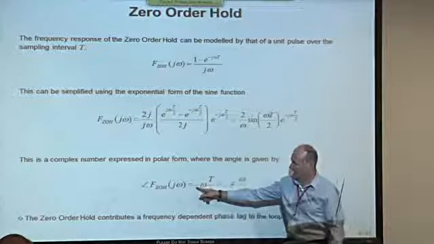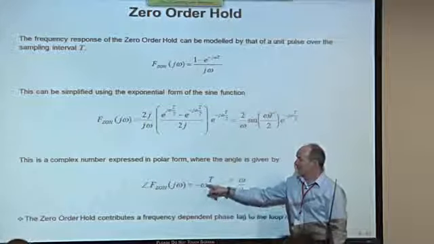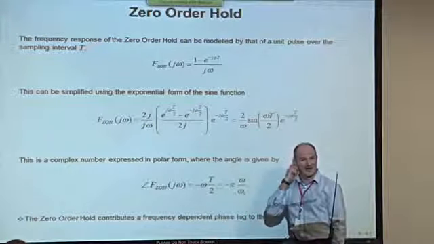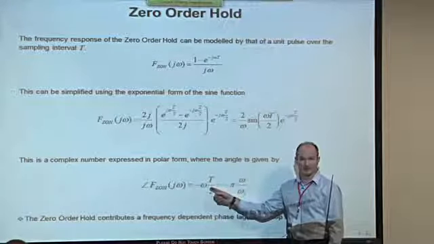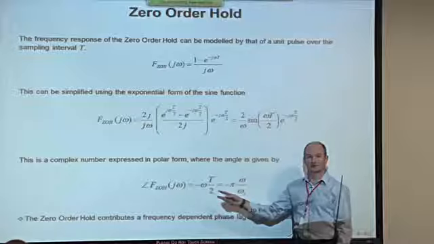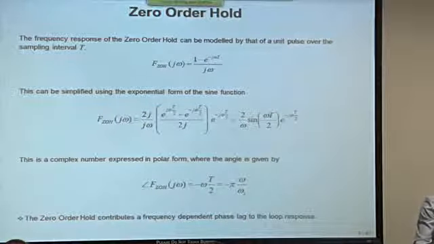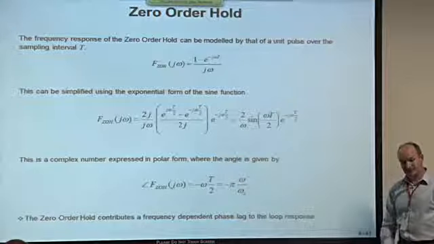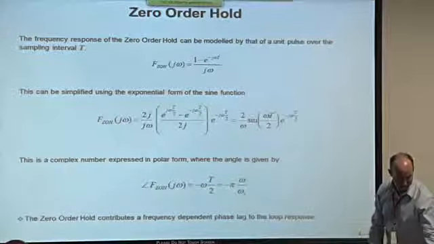See, it's a phase lag because it's minus. It's frequency-dependent, but it's equal to a delay of T over 2. So at least we can manage it by selecting the sample rate to be high enough that T is small. But it's always significant, right? We have to account for that. It's very significant because, and I'm going to show you why in a tutorial that's coming up very shortly.